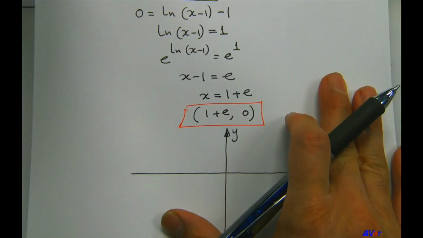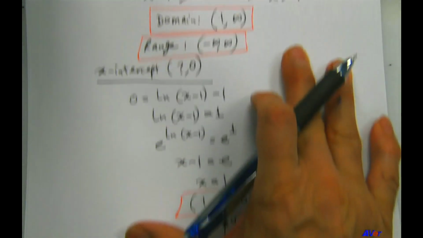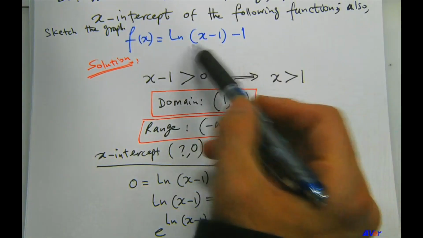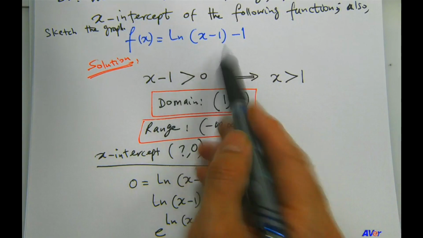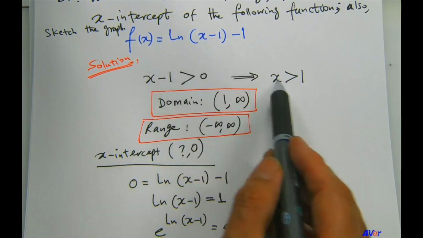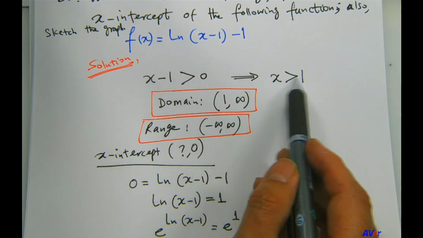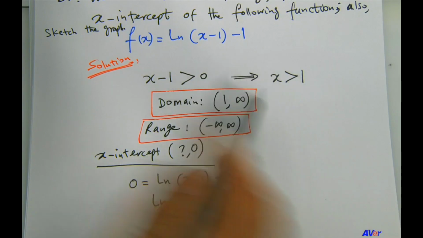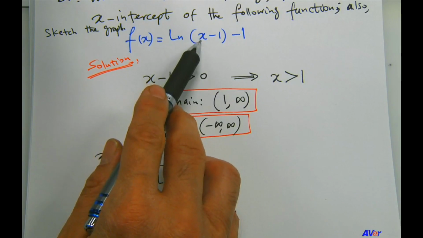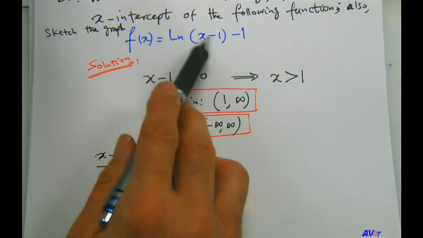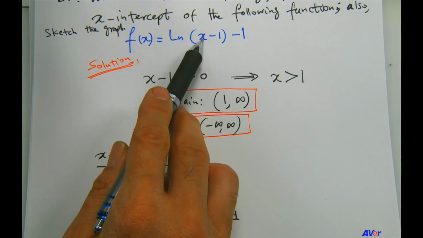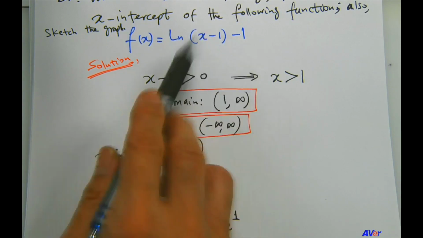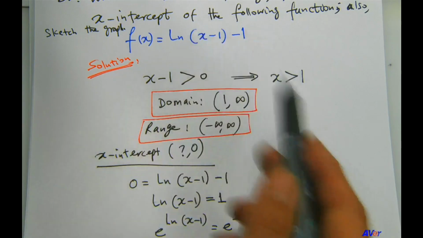So let's go back to the original function. We already know that x cannot be equal to 1. It should be greater than 1. So what happens at 1? When x equals 1, this becomes 0, and natural log of 0 is undefined. So at that point where x equals 1, we have a vertical asymptote.